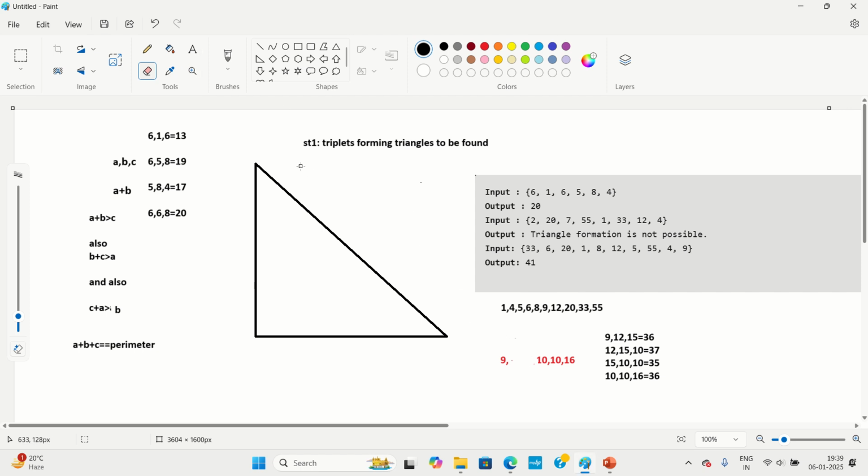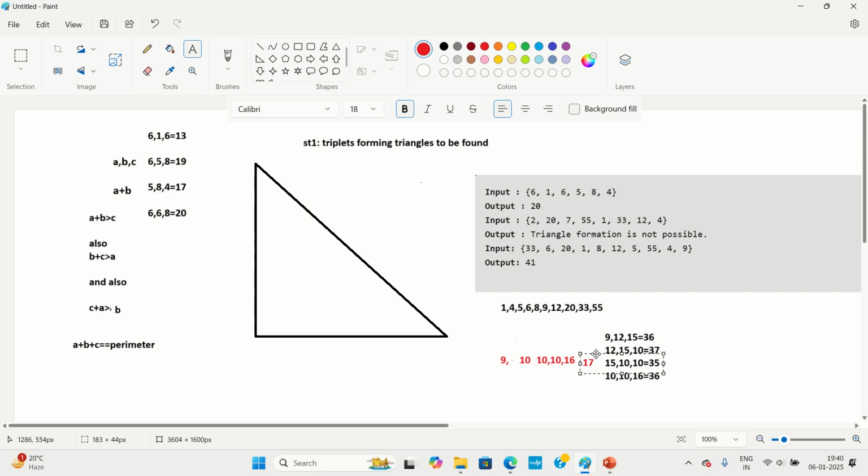Say suppose instead of 12 and 15 we have another one. Say suppose here I am having 10, 10 again. Fine. And say suppose at the end of the array I am having 17.